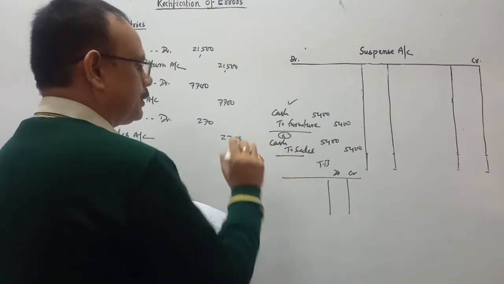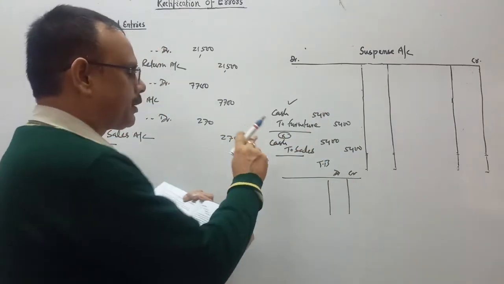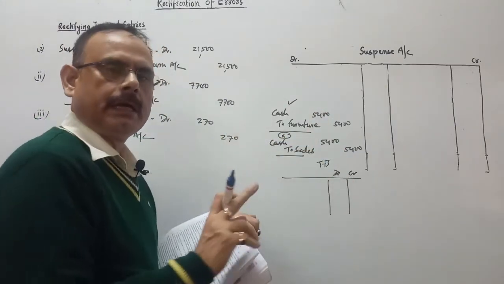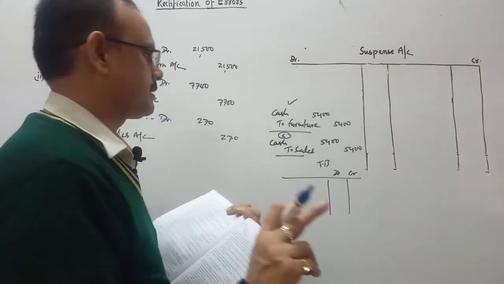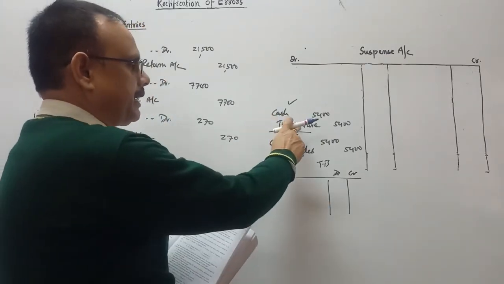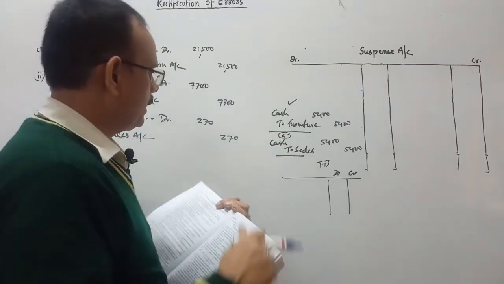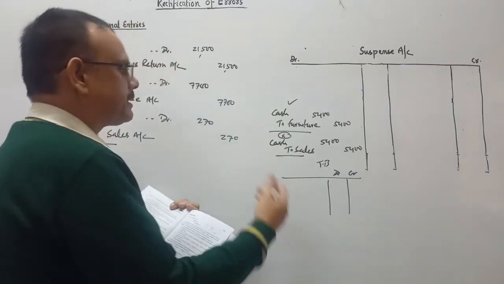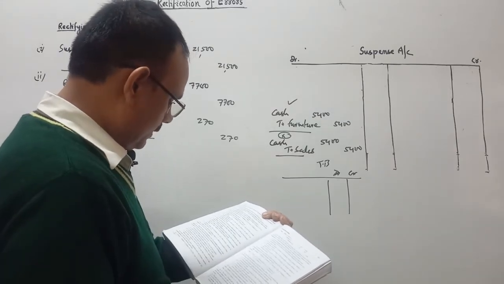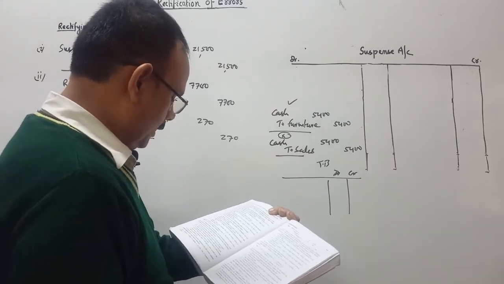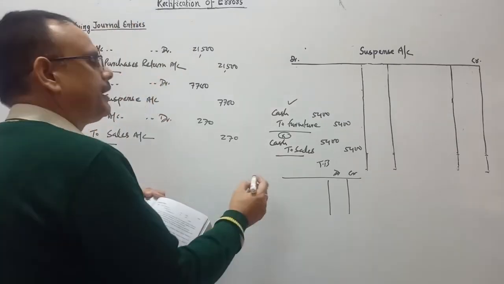Two errors are done. One is an error of principle and the other an error of commission. Instead of crediting the furniture, we have credited the sales account, and there is another error in the sales account. We have made a mistake in posting: 4,500 we have posted.